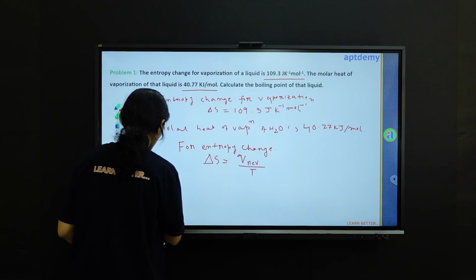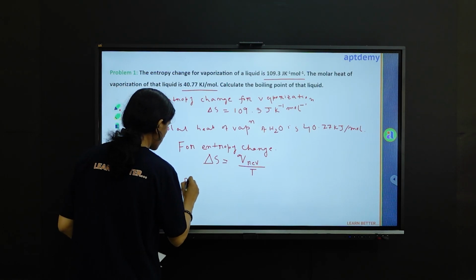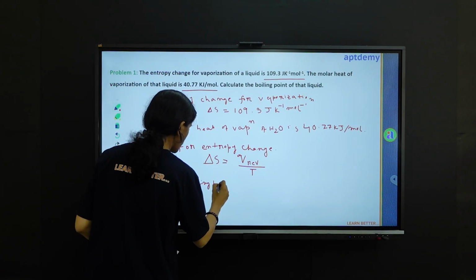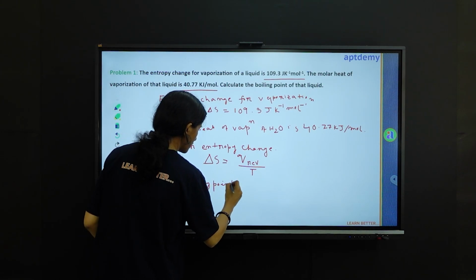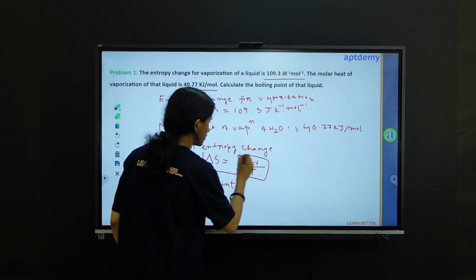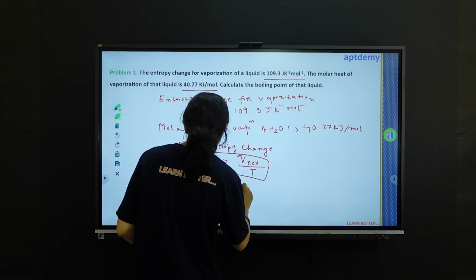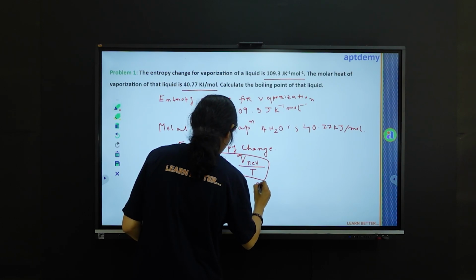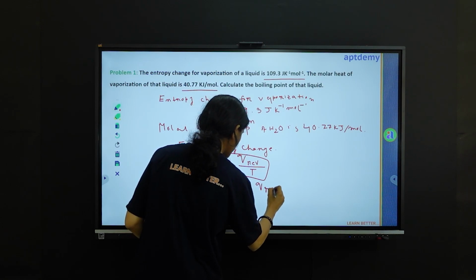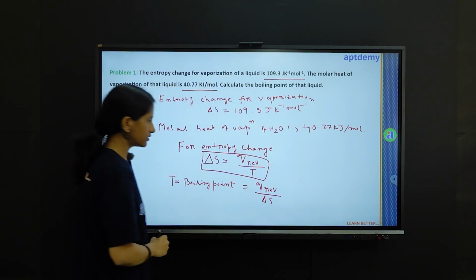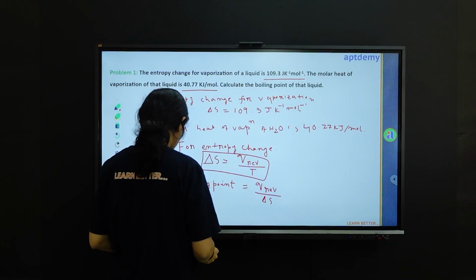So the T, or you can write boiling point, from the equation that we know can be written as Q reversible divided by delta S. So we'll just put the values.